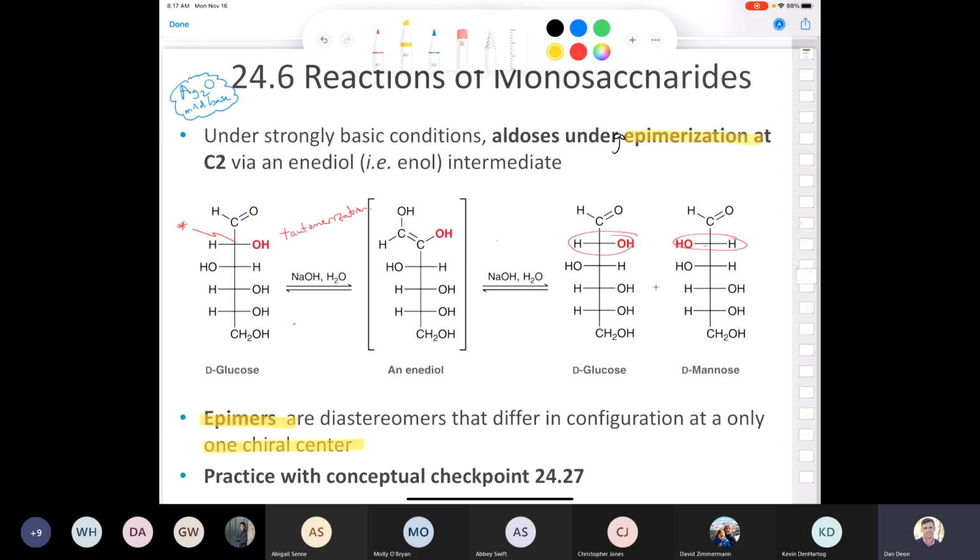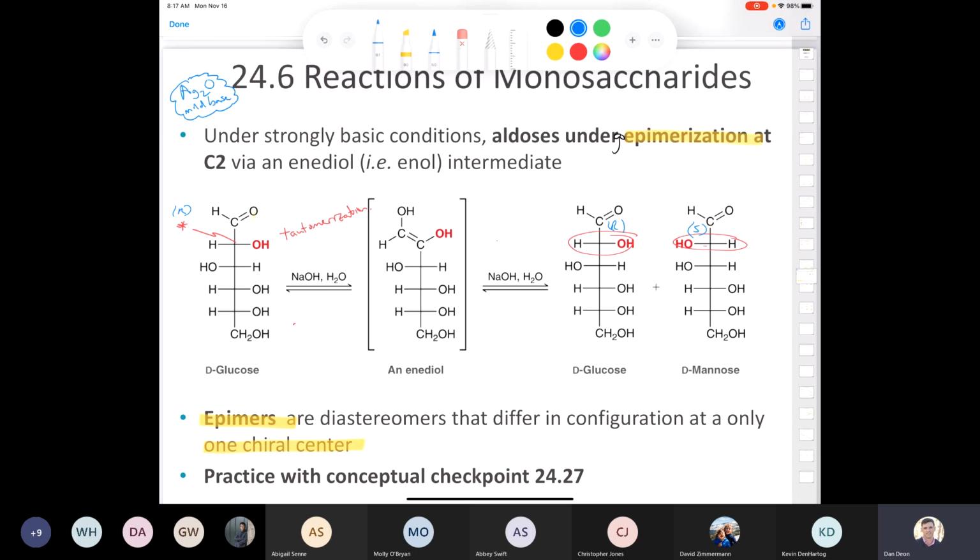So epimers. So again, we go from having R configuration here to having a mixture of R and S. So that's the problem, okay?